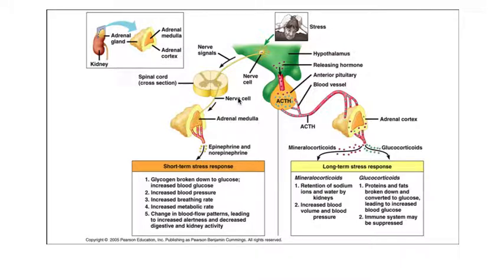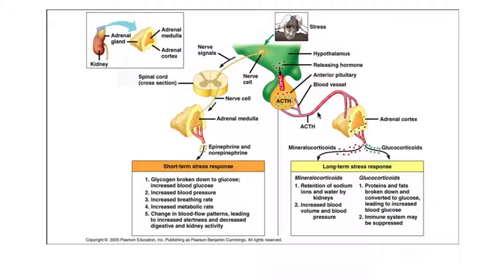homeostasis. Now, what happens when you have a long-term stress response, when you are constantly under stress and your parasympathetic nervous system doesn't kick back in when it should to help bring everything back down to homeostasis? That's when we have this long-term stress response.